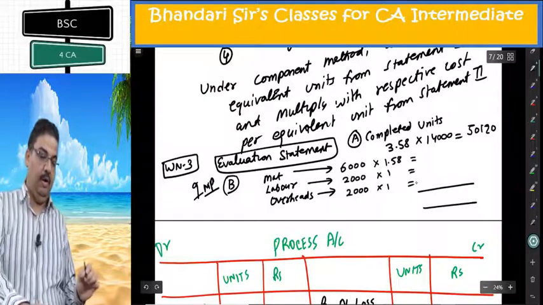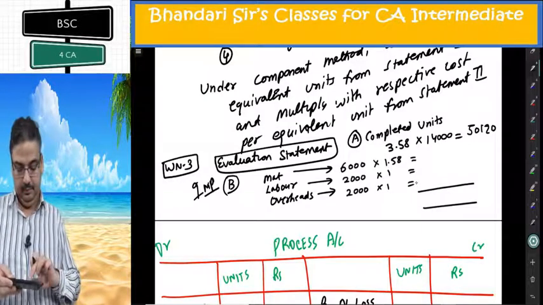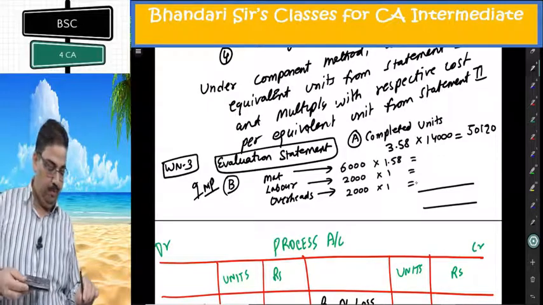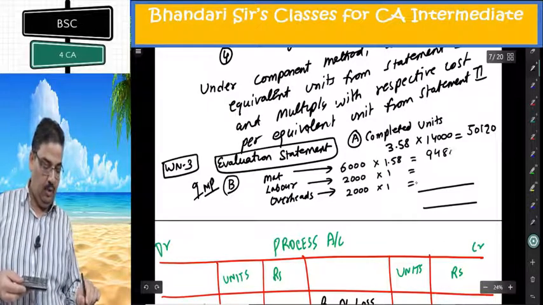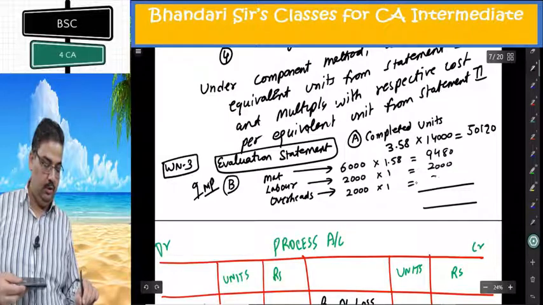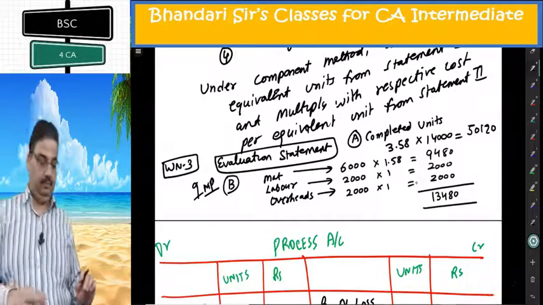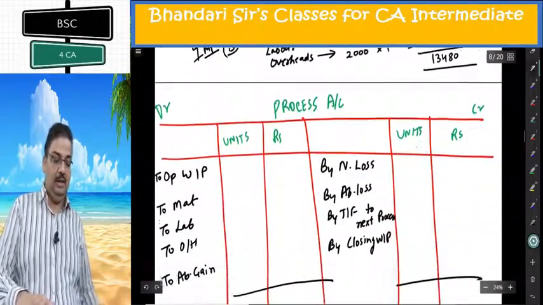The total will be value of WIP. This is one thing you need to practice. 9480, 2,000, 2,000. 13,480.